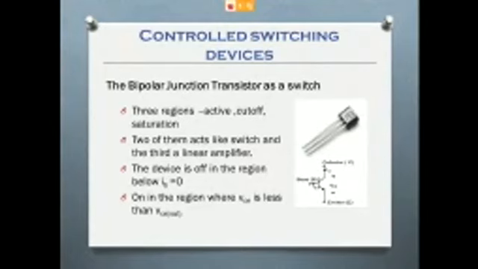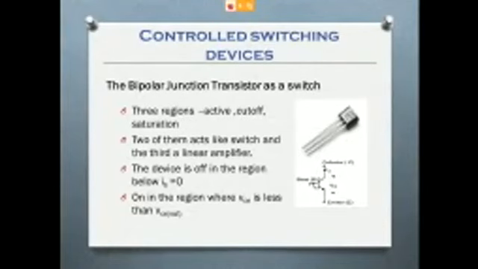And probably the device is off in the region where base current is 0, and on in the region where collector-emitter voltage is less than the collector-emitter saturation voltage. Or in simple words, we can say that when the collector current is greater than 0 and the collector-emitter voltage is equal to 0, it's in an on state.